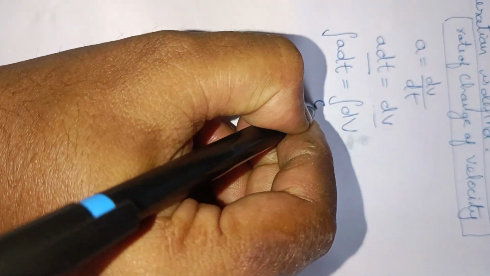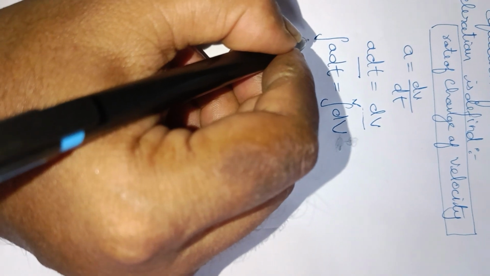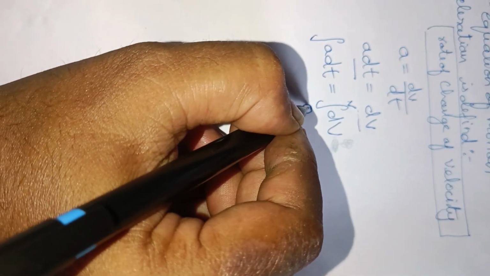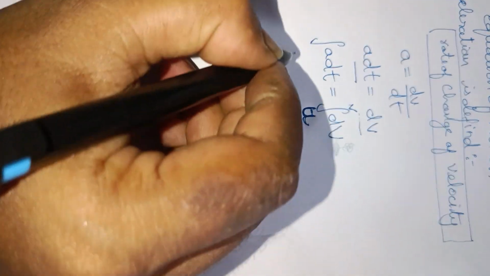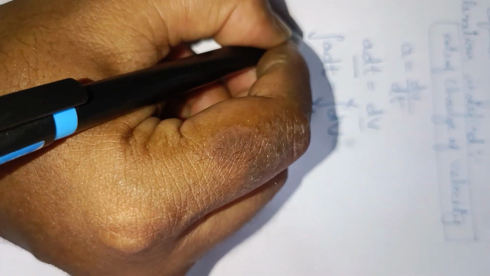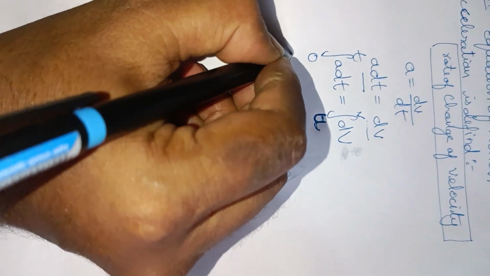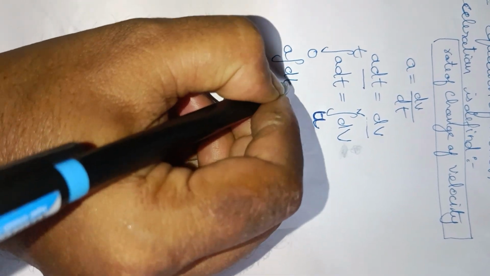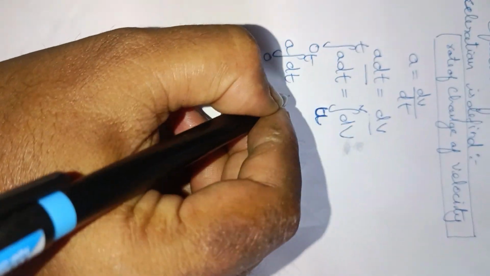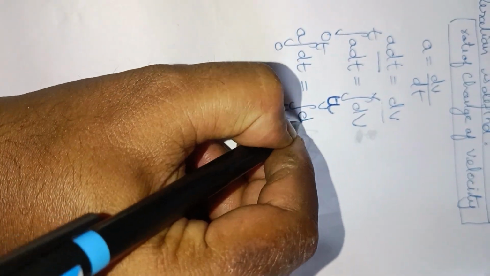For v the limits are u to v, and for a dt the limits are 0 to t. Taking a outside, a times the integral of dt from 0 to t equals the integral of dv from u to v.